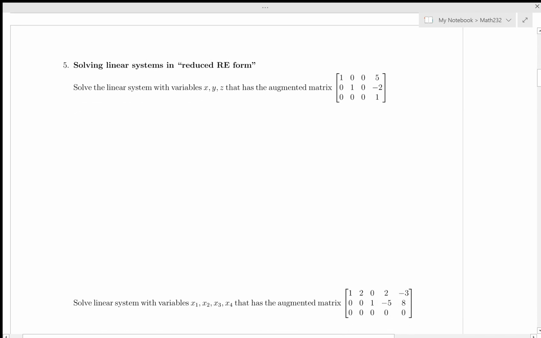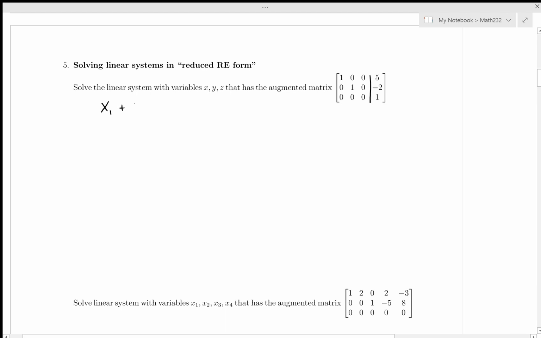Here's a system of linear equations with variables x, y, and z, and this is an augmented matrix. Oftentimes I will add this line here to indicate clearly that it's an augmented matrix. Just because we're getting started with this, I'm going to write out the equations that this augmented matrix represents. It looks like this.